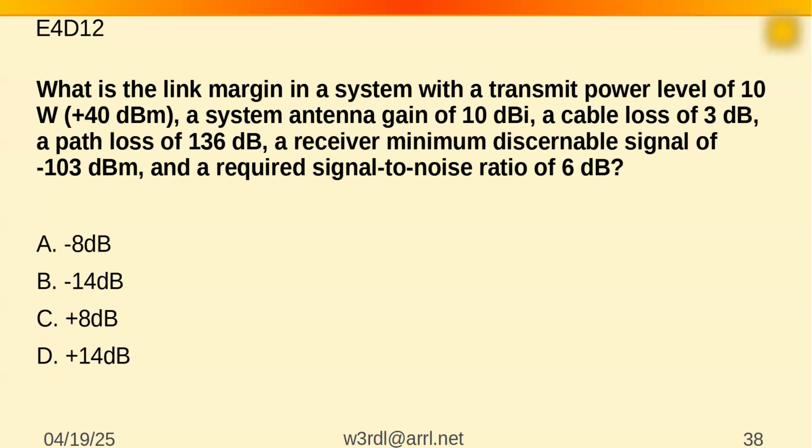What did I say? 106. Oh, I thought I said 136. Excuse me. I meant to. A receiver minimum discernible signal of minus 103 dBm and a required signal to noise ratio of 6 dB.